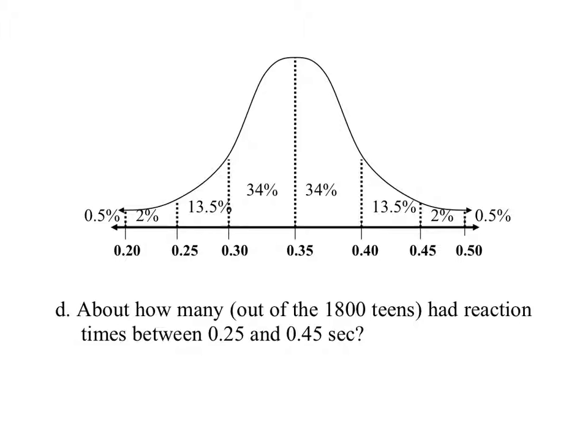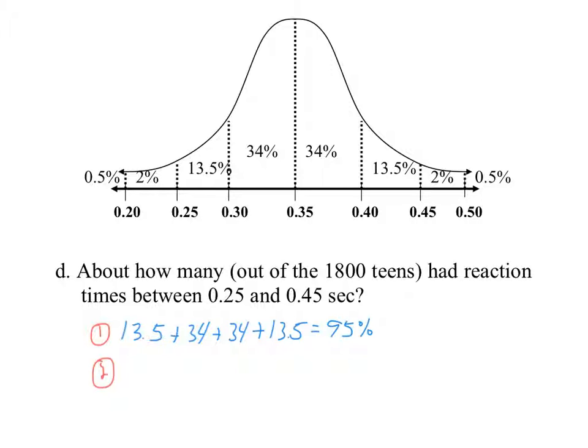Here, it sounds like the first question we had, but it's really not. It says about how many teens, not percent, about how many teens had reaction times between 0.25 and 0.45. So we actually have a little bit larger group here, 0.25 to 0.45. So we're going to find the total percent, and then to find how many teens, we're going to have to multiply that percent by 1,800 to find the number of teens, which will answer this question.